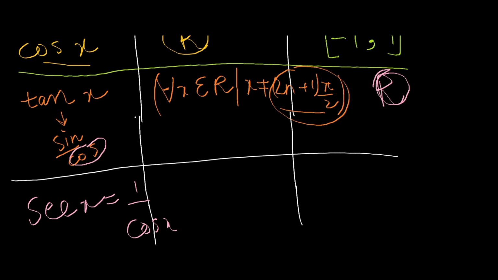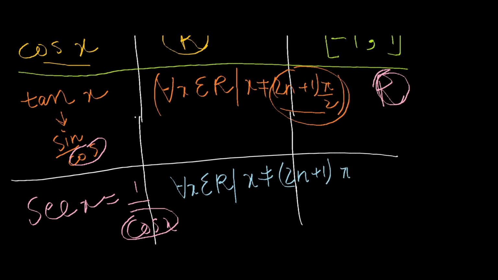Same case over here, we don't want the denominator to be 0. So same domain for tan, same domain for secant. So the domain would be for all x belonging to real numbers such that x does not equal (2n plus 1) pi by 2.